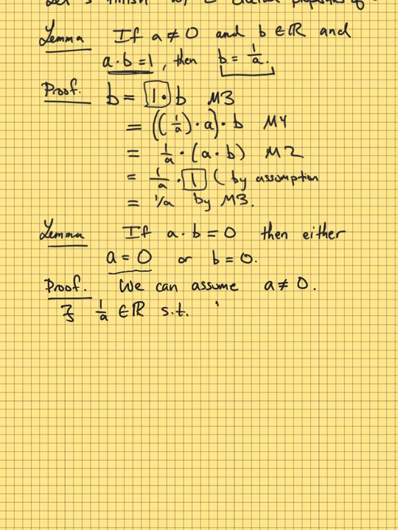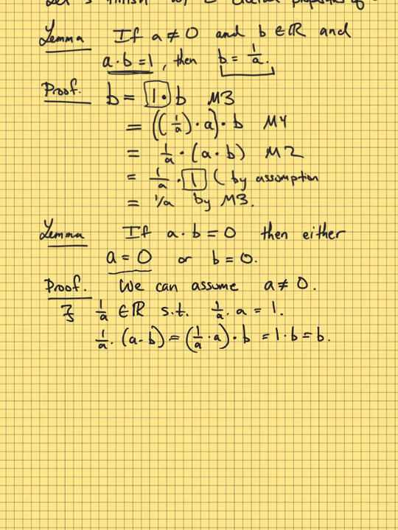so that 1 over a times a is 1. And of course, this means that 1 over a times a times b is equal to 1 over a times a, times b, which is equal to 1 times b, which is 1.